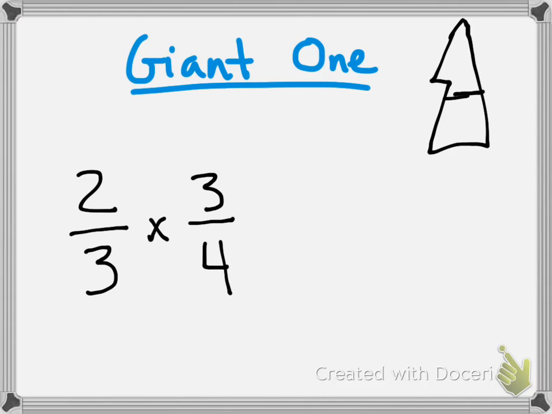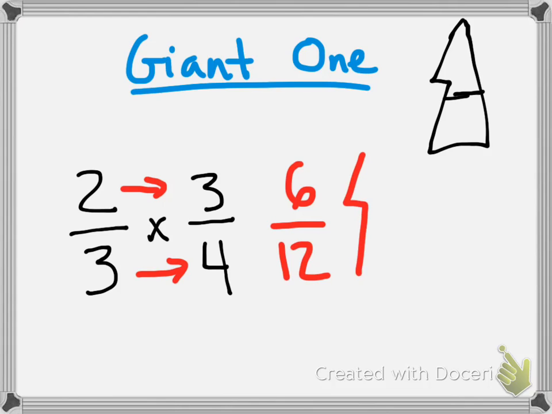Alright, so using the giant 1, the first thing you need to know about fractions is you just multiply straight across. So to use the giant 1 here, you go 2 times 3, that would be 6, and then 3 times 4 is 12, but that's not reduced.